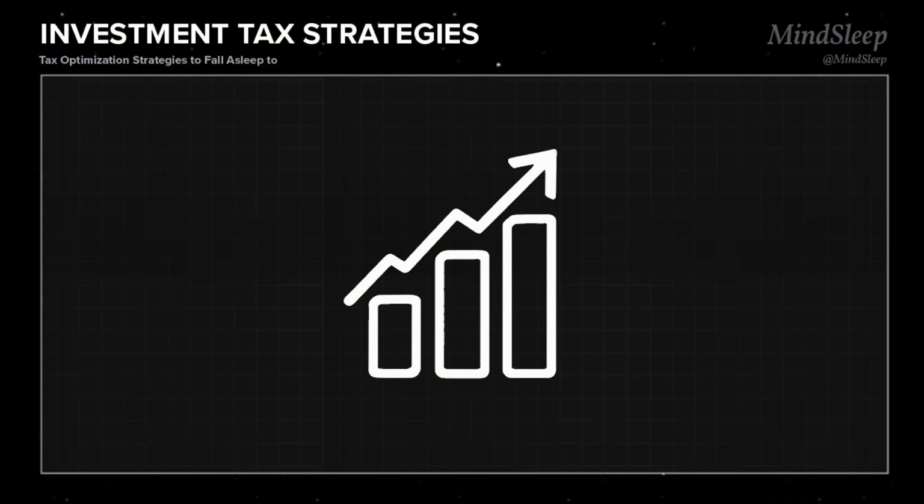Another sophisticated strategy is the use of exchange-traded funds, ETFs, for their potential tax advantages over mutual funds. Due to their unique structure, ETFs often generate fewer capital gains distributions, making them a potentially more tax-efficient option for many investors.